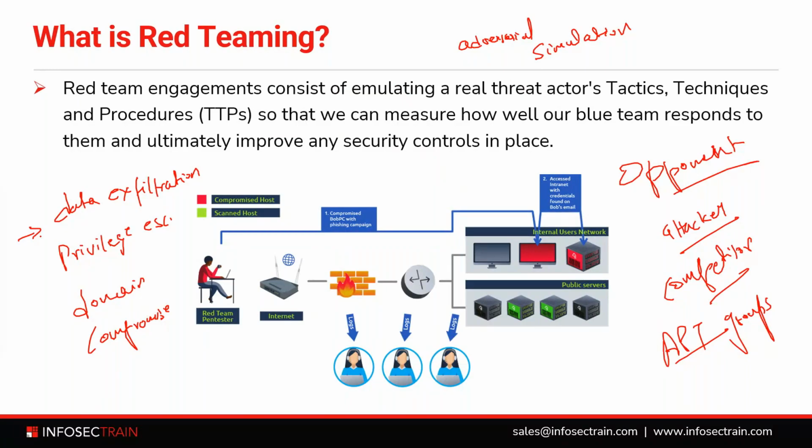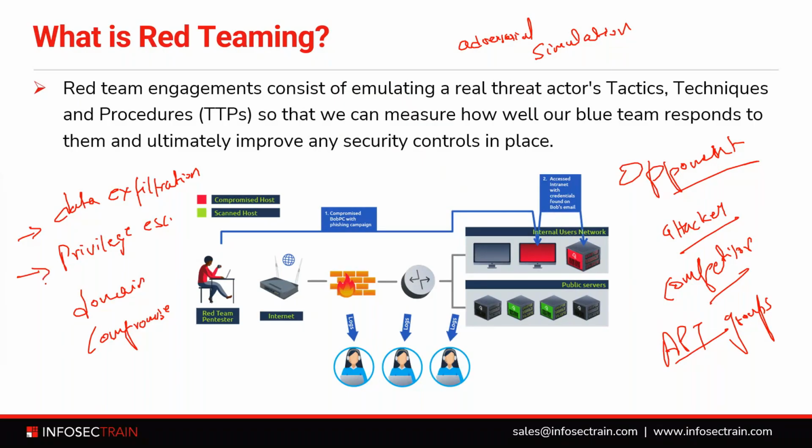Data exfiltration is stealing data from the systems to my system, or to anywhere I want to store it, without getting caught. That's why we call it stealthy. We have to make it stealthy. We don't want to get caught.